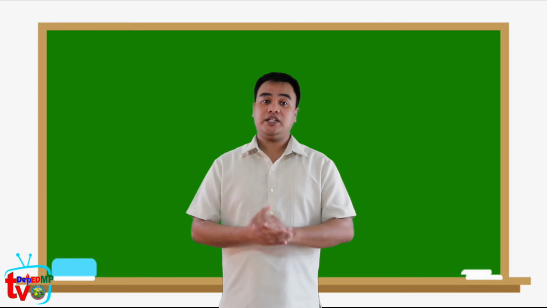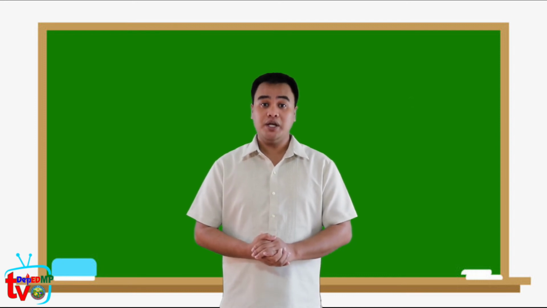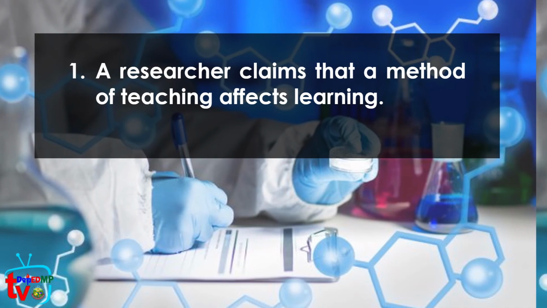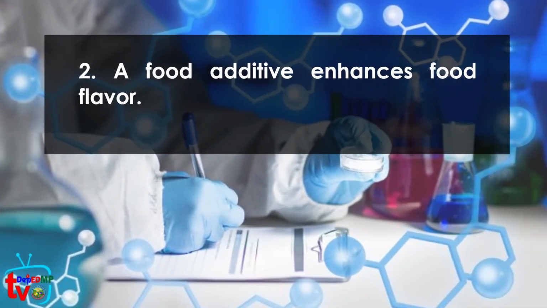For the next activity, given another set of situations, determine whether the test is one-tailed or two-tailed test. Number 1. A researcher claims that a method of teaching affects learning. Number 2. A food additive enhances food flavor.